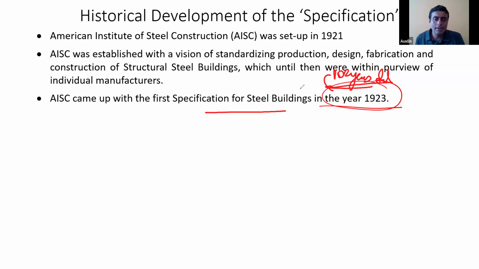And this first AISC, so it was not named AISC 360 back then. It was just called the specification for steel building. But then this first specification was around 12 to 13 pages only. Very simple, very elegant. I'll just show you that 1923 document also.